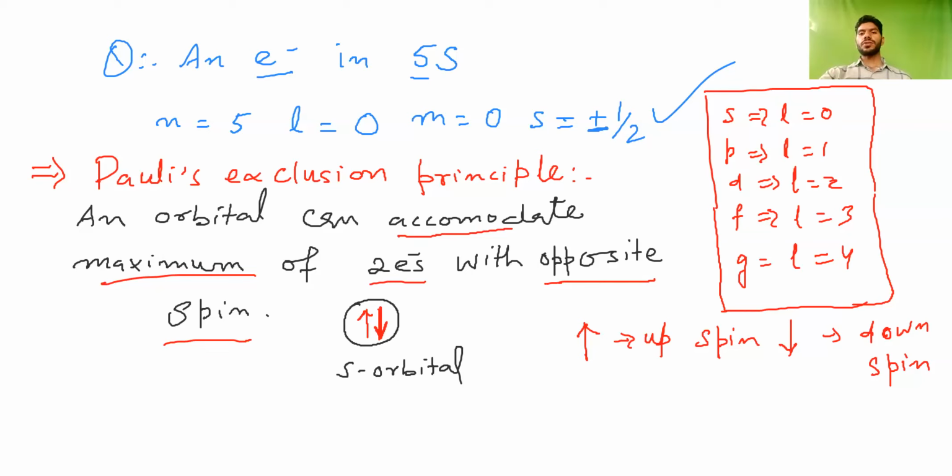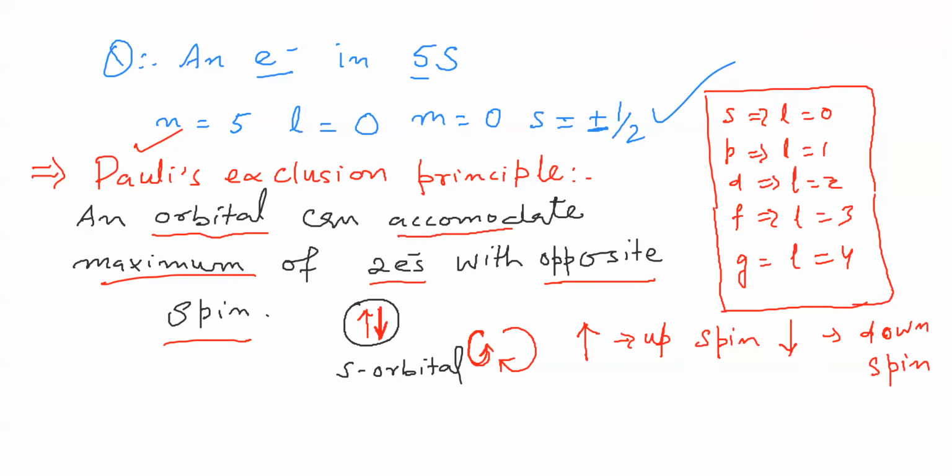One electron moves in the clockwise direction and the other in the anti-clockwise direction, so one has up spin and the other down spin, so that it will be stable. Otherwise there will be more repulsion and it will be unstable. That is why, according to Pauli, the 2 electrons inside an orbital should have opposite spin. This is very important. Have you noted this down? Shall I move ahead to the next page?